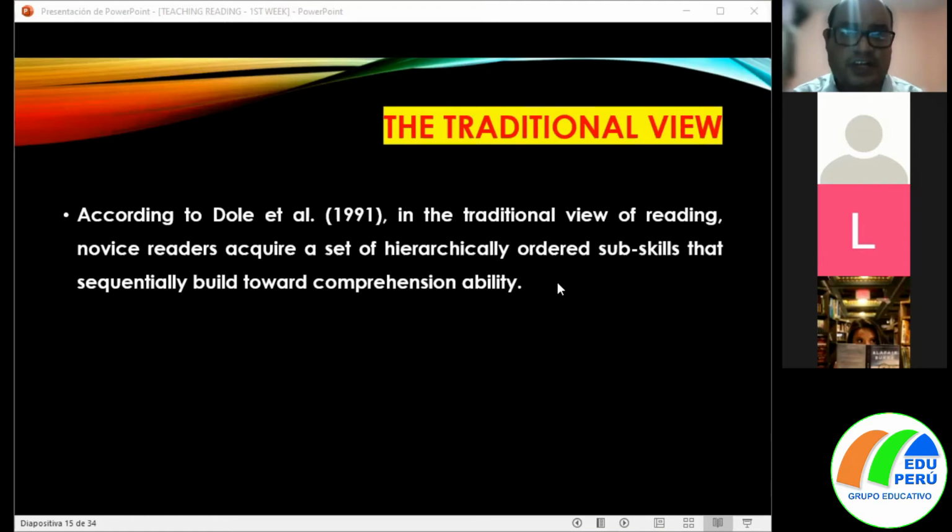So notice there are hierarchically ordered sub-skills. You have to do this first, then second, then third. So there is a process with some hierarchical activities that you need to do first, second, third, and so on, in order to build toward comprehension ability.